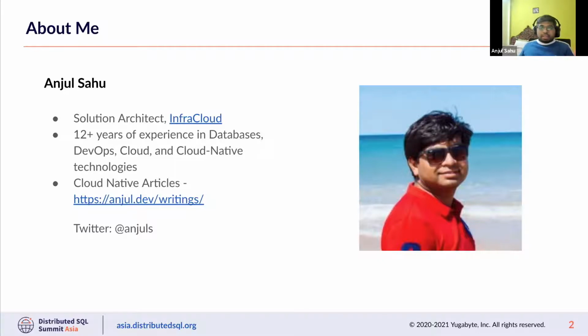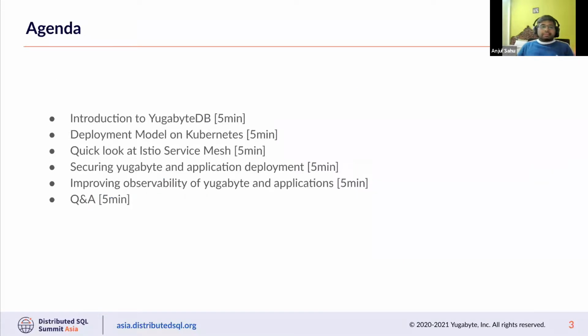In this session, we'll be discussing what is YugabyteDB, what is the architecture, how do we deploy on Kubernetes, and then we will look into some quick introduction to Istio Service Mesh and how we can use Service Mesh to secure Yugabyte database and also the applications which are sitting on Kubernetes.